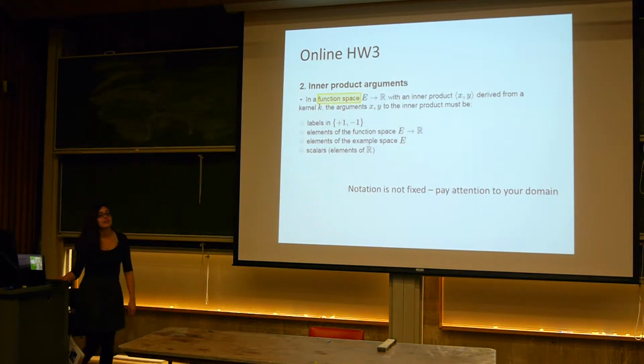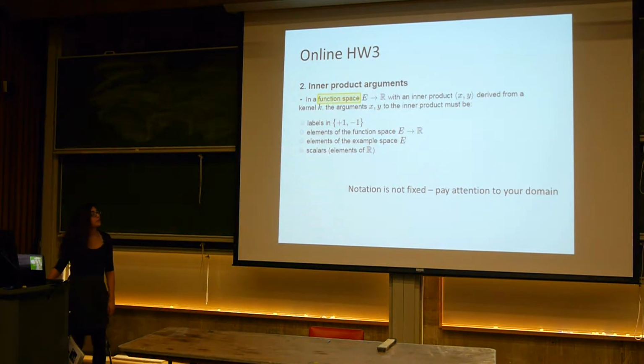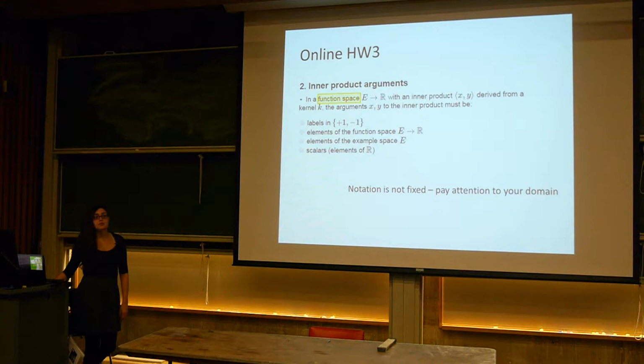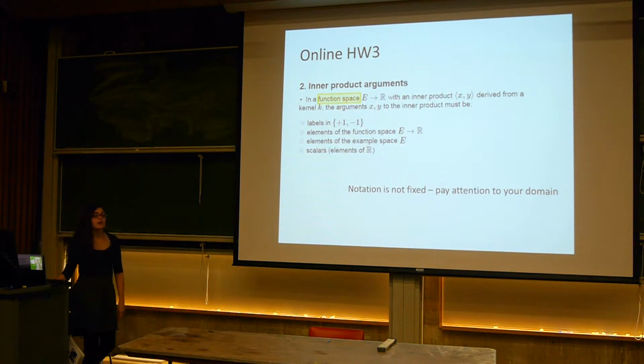Yes? So could you go over the definition of function space? It's the set of functions that go from E to R. And you can use the word space because you can think of functions as vectors, as Jeff described in class. So if the word space is what's confusing, it's just because functions and vectors, we kind of go between them. But in this case, we're looking at a space of functions, a set of functions.